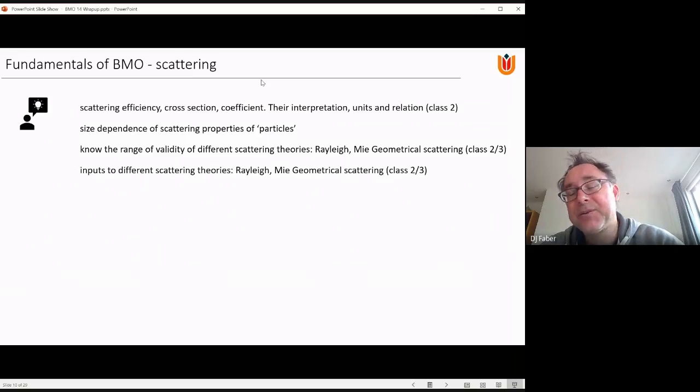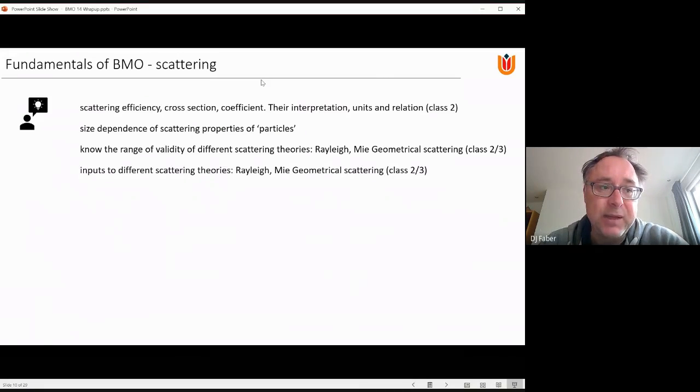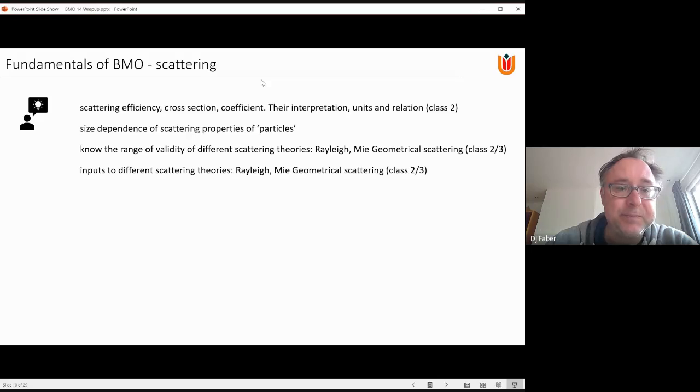Then for particles that are much larger than a wavelength, we can use geometrical scattering, which usually has much simpler formulas. And for anything in between, if the particle is spherical, we can use Mie theory. That is valid for all sizes, but it is only applicable to spherical particles, so that is a restriction in itself. Then these scattering theories have a set of inputs that we need to put in if we want to calculate scattering properties. So that I would also like you to know.